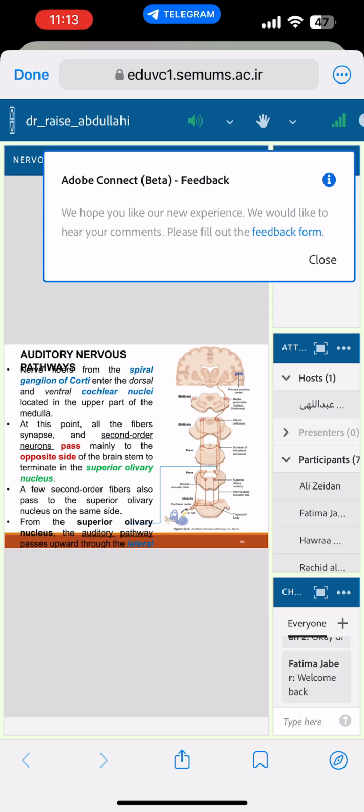As you know, the acoustic nerve or vestibulocochlear nerve is the eighth cranial nerve and projects from the inner ear into the auditory cortex, which is located in the temporal part of the brain.